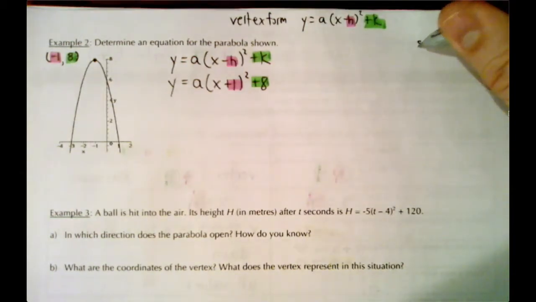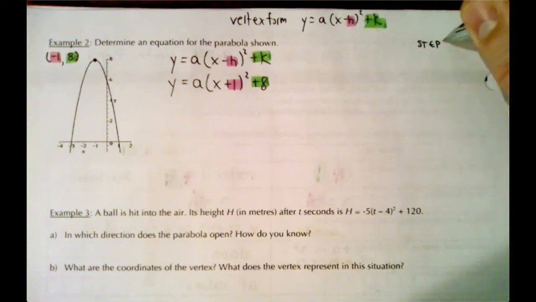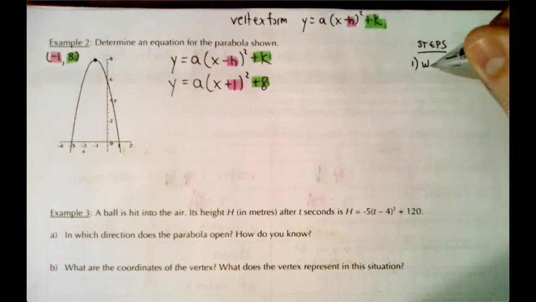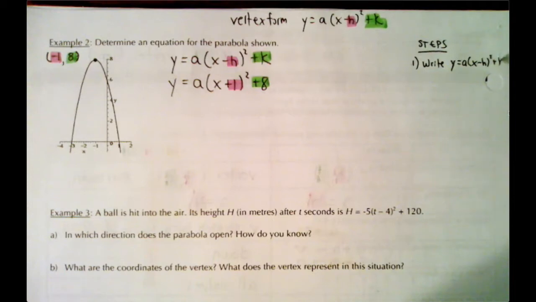over here I'll write some steps. Steps. Step 1, we write the equation. Step 2, we fill in the vertex, because the vertex is h and k.